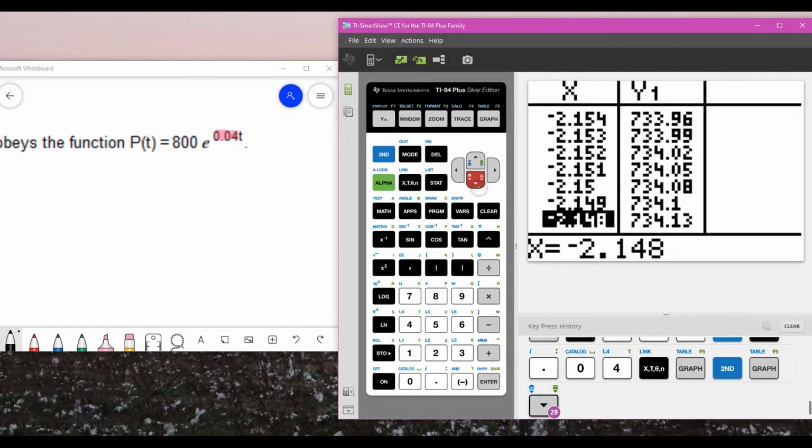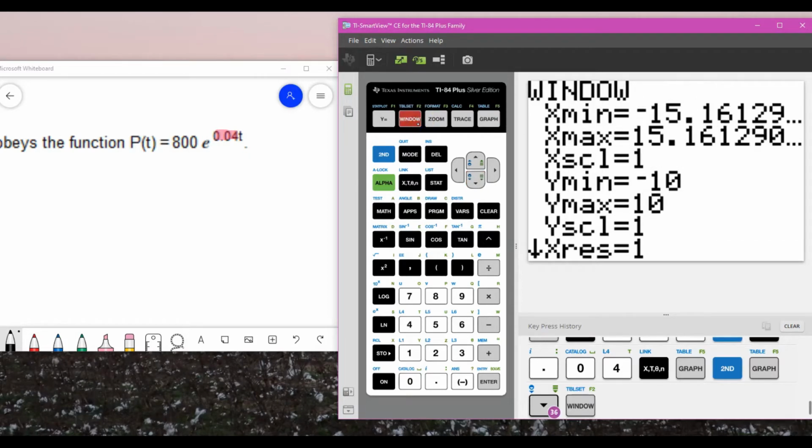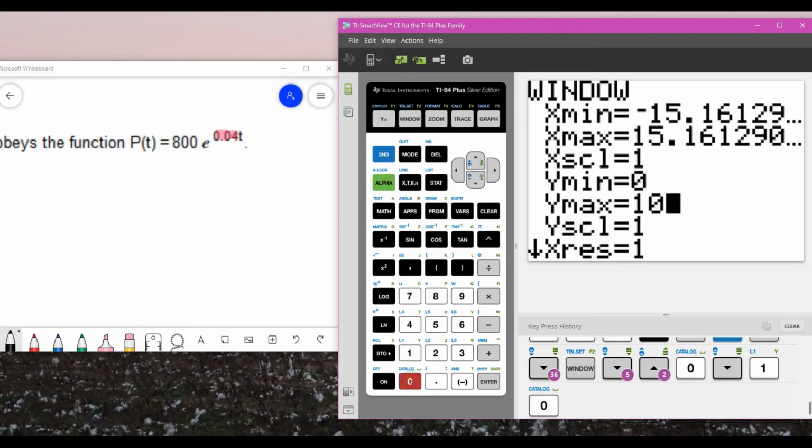We know when we get to 0, the y value is going to be 800. So I really need to adjust my y scale. For my y scale, let's adjust it to be starting at maybe 0. And let's go up to 1,000 for now, but we might adjust it again.